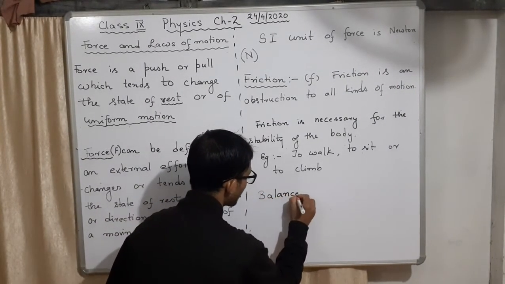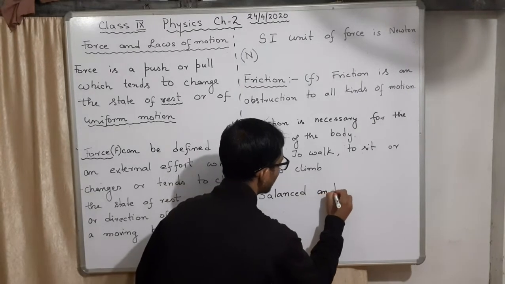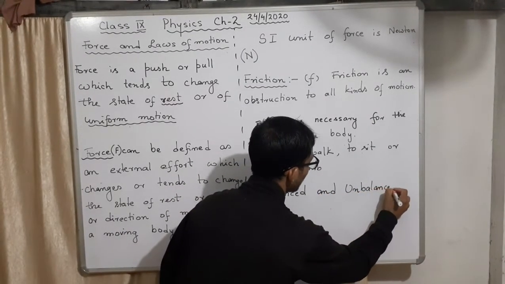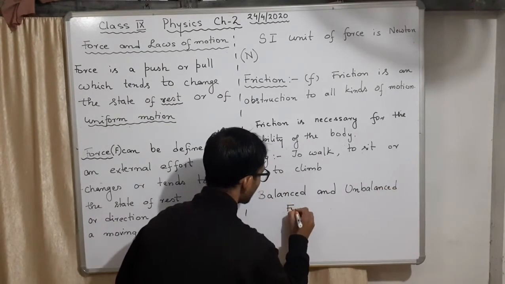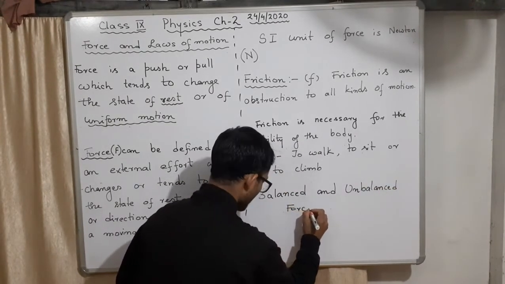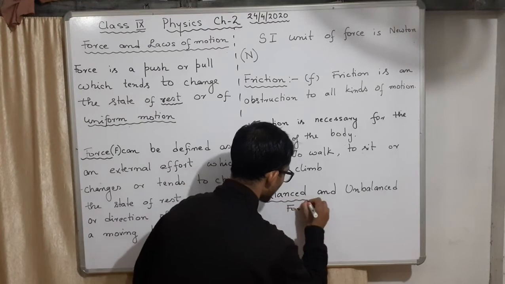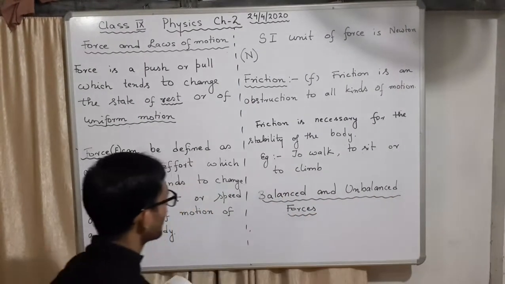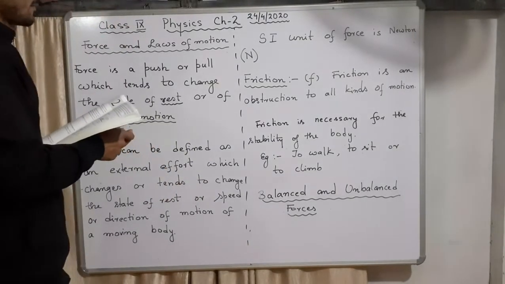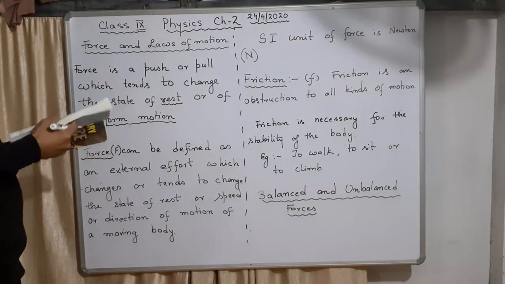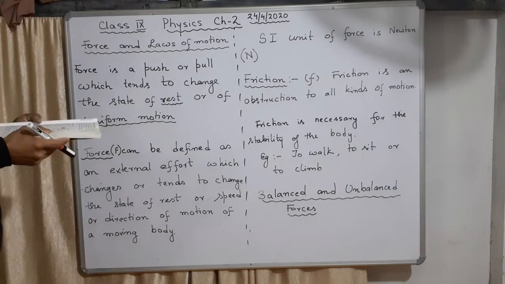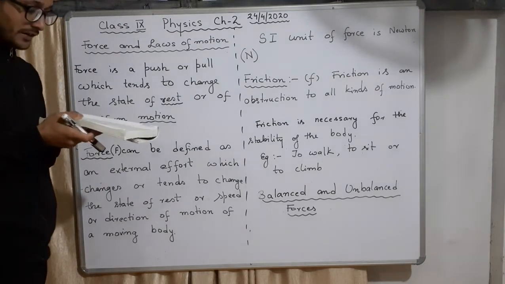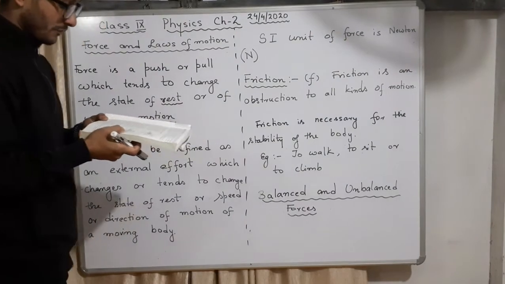Next is balanced and unbalanced force. The name itself suggests what balanced means and what unbalanced is. Balanced forces are those which do not change the state of rest or of motion of a body.